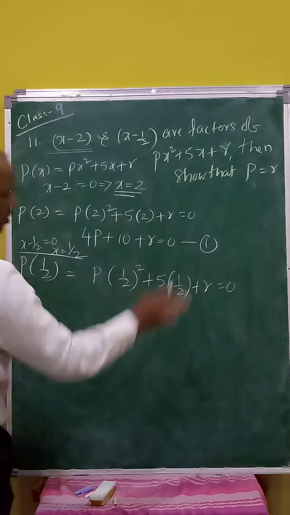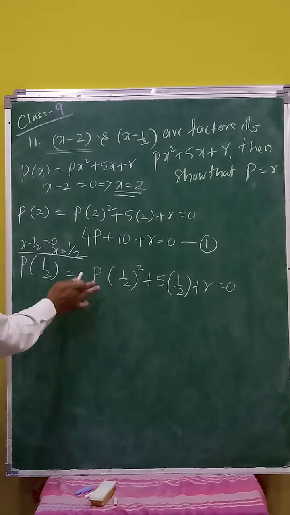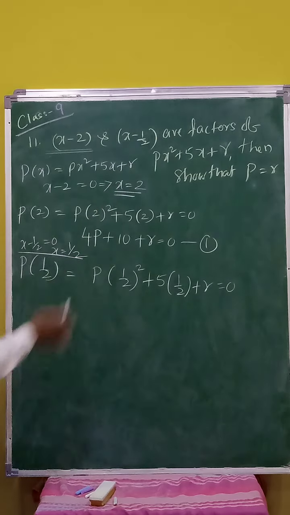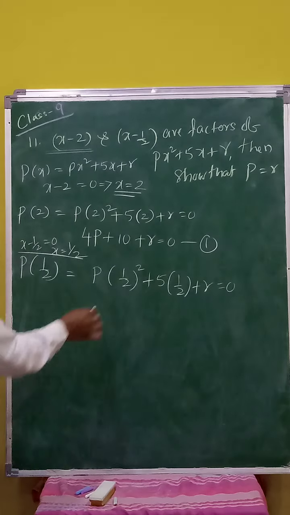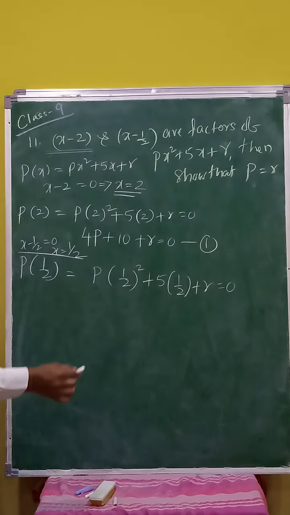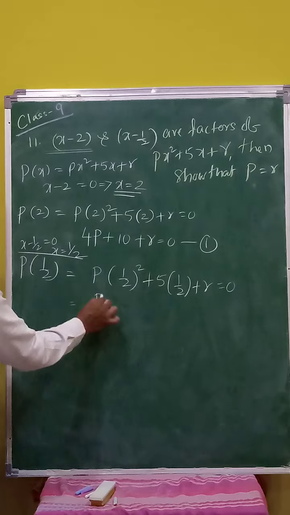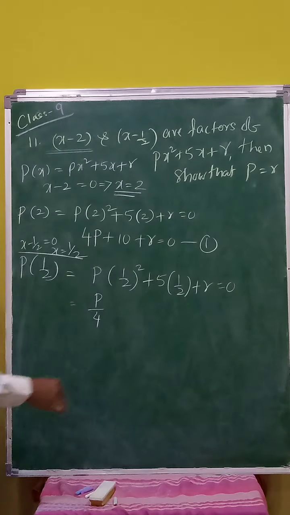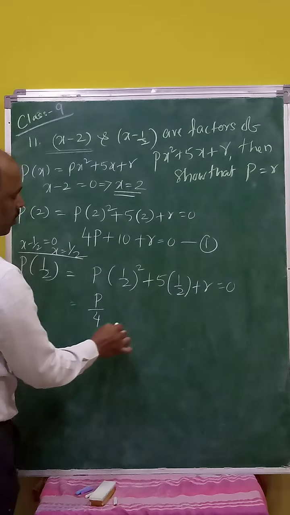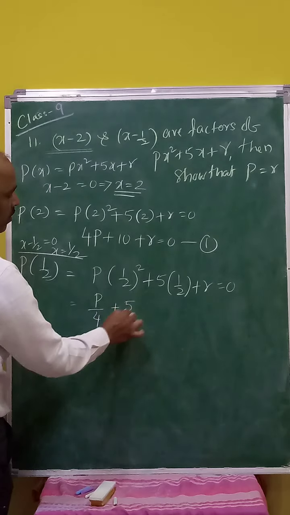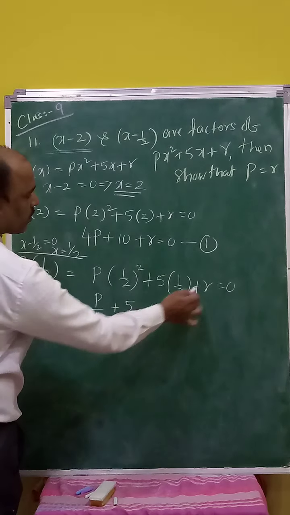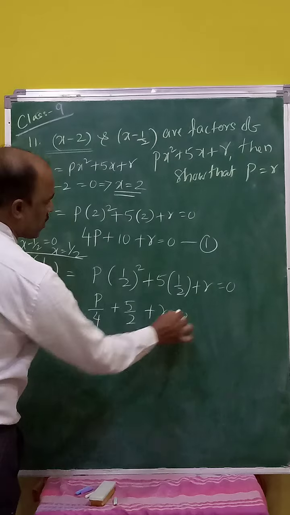Here p into 1 by 2 square, p no change, 1 by 2 whole square is 1 by 4, that means p by 4. Now here also 5 ones are 5 by 2. And last one r is equal to 0.